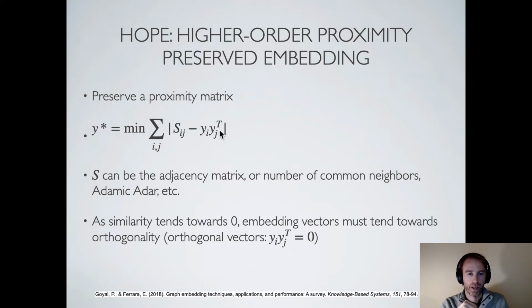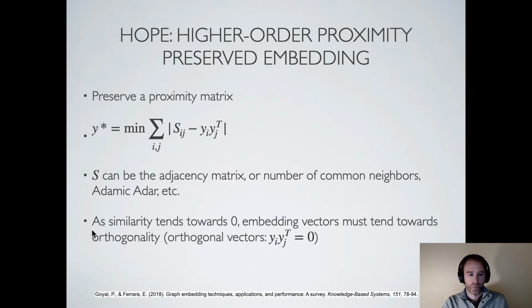Multiplying a vector by a transpose gives you a value. And so what you're trying to minimize is the sum over all pairs of nodes of the difference between the similarity and this value of the product between the vectors in the embedding. Again, S can be the adjacency matrix, the number of common neighbors, and so on and so forth.